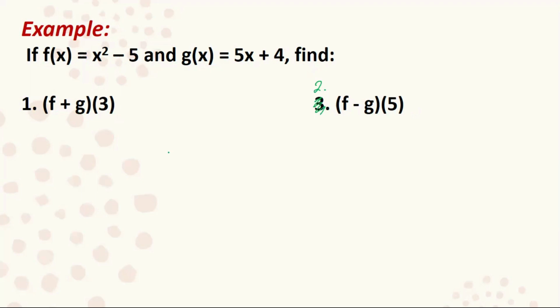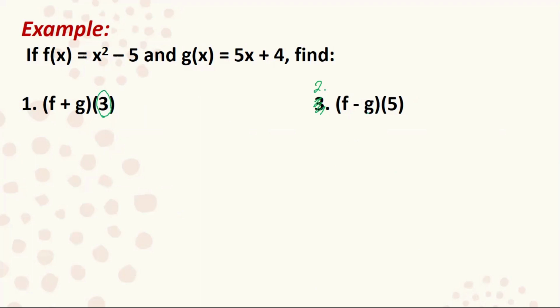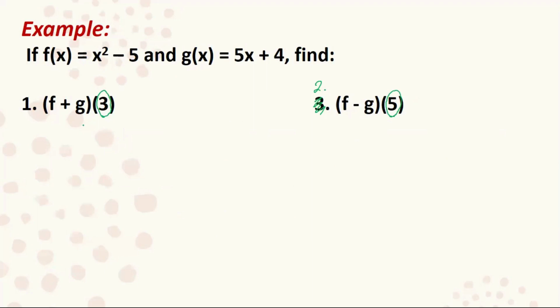So what do you notice in this example? Since there is a defined value here, kasi diba dito, variable x lang yung present. May defined na values na dito this time. So what does it mean? It means that after performing the operation, you have to evaluate the resulting expression at 3.